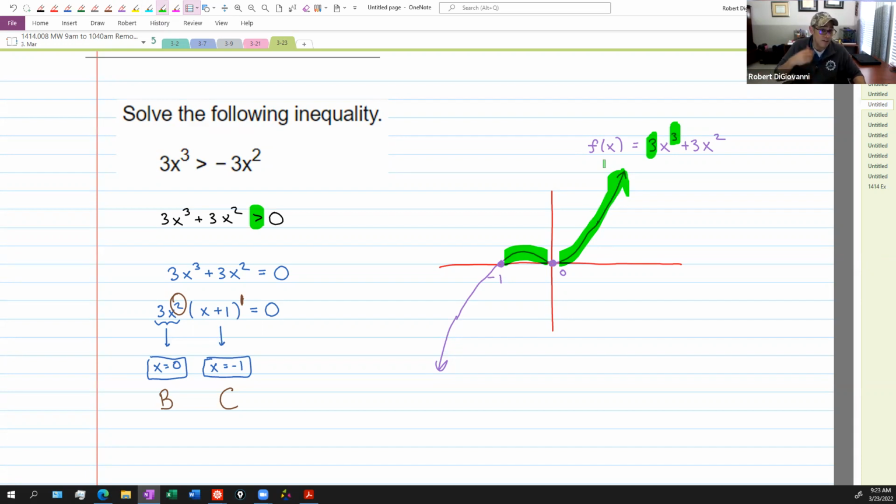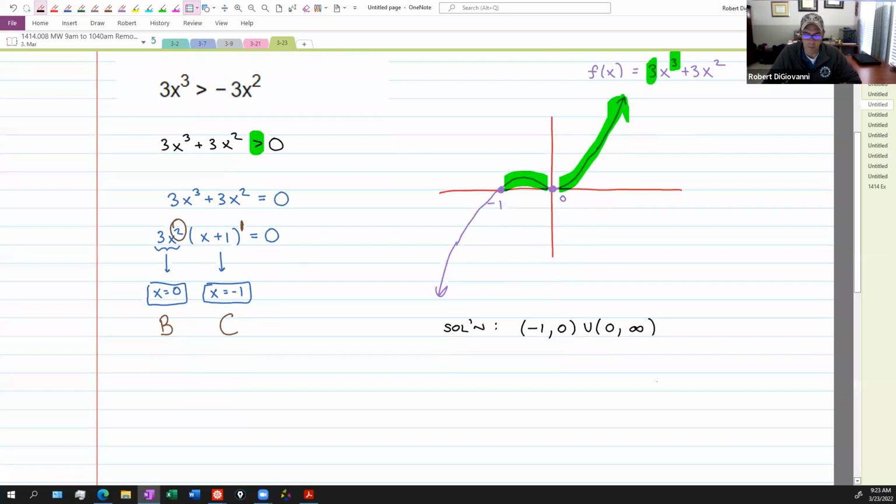This inequality says strictly greater than 0. So my answer here will be -1 to 0 union 0 to infinity. Questions?